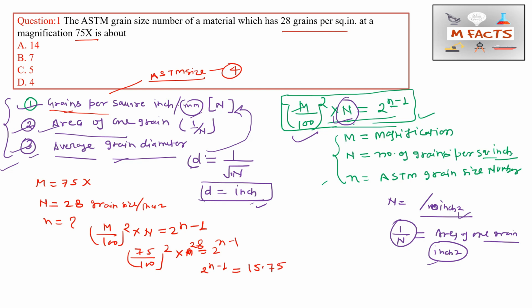Okay, so we will take the ln on both sides. Okay, by taking the ln we can do this calculation, or suppose if we don't know, 15.75 is approximately 16, so we can do the calculation by that route also. So for the exact calculation we need to take ln.